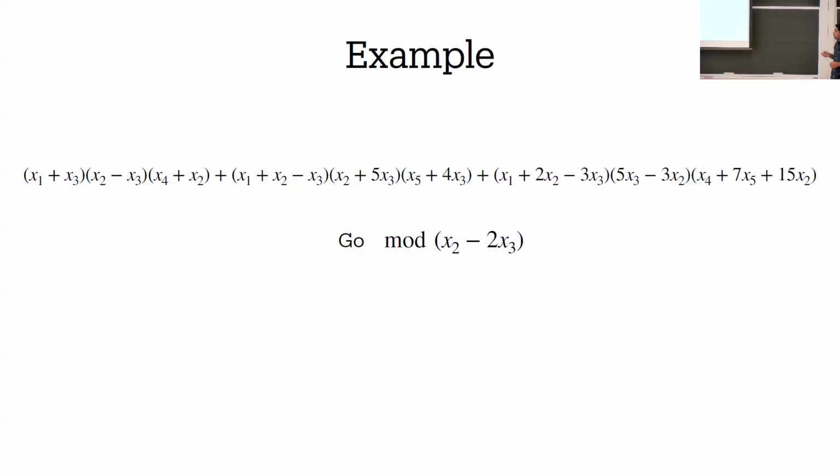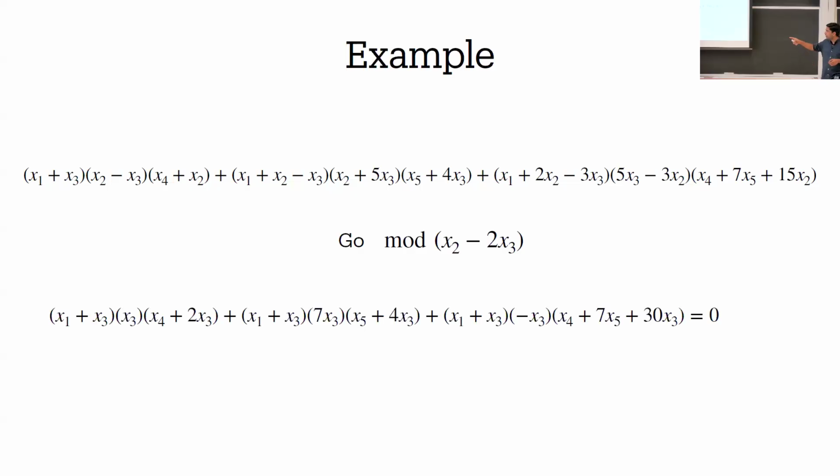So if I'm going mod this, none of the gates are going to vanish. Each of the gates remains a non-zero polynomial. But if you add them all up, it vanishes. Everything gets cancelled. So there could be these kinds of linear forms which divide the circuit, but do not happen to be in any gate.